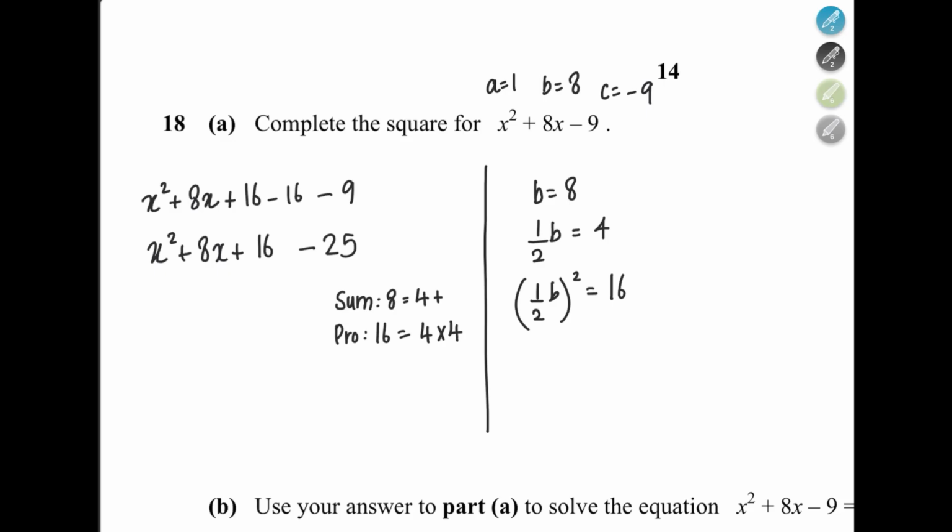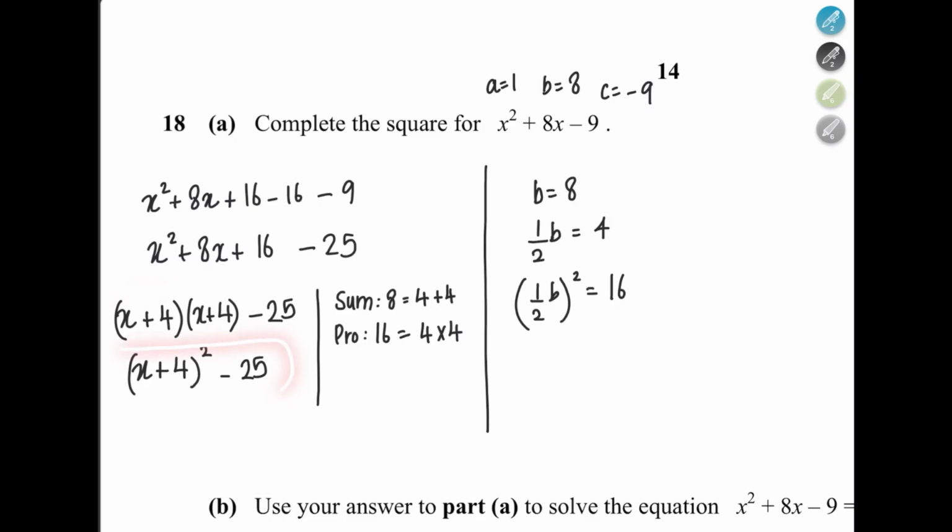This is going to be 4 plus 4. So this would be x plus 4, x plus 4, because we have two 4's, minus 25. So this can be written as x plus 4 squared minus 25. We had two x plus 4, so that's why we squared them, and this is the final answer.